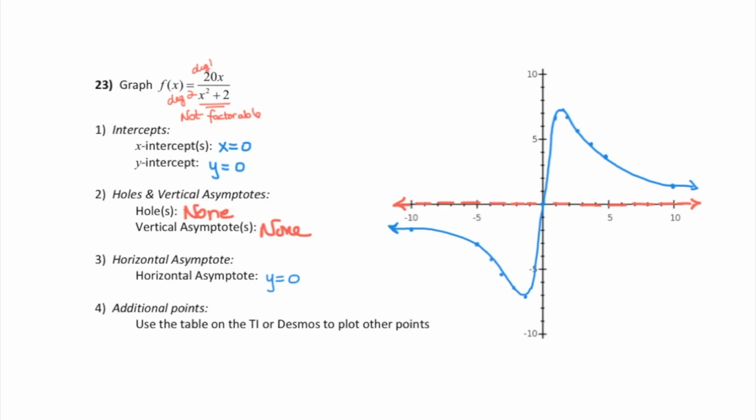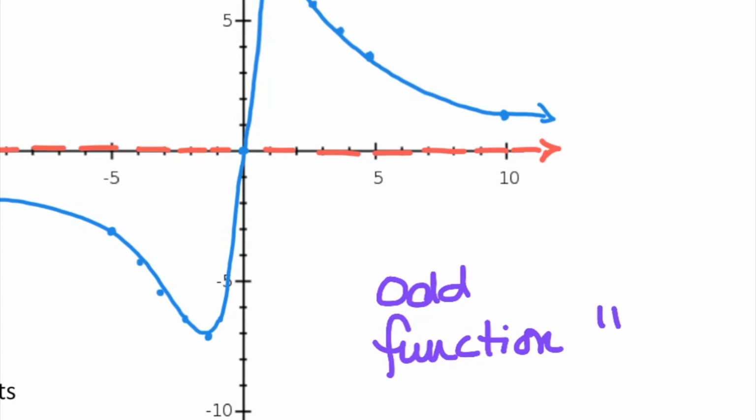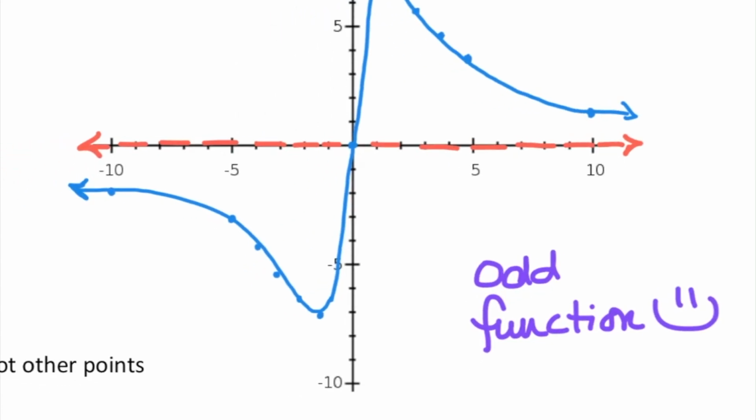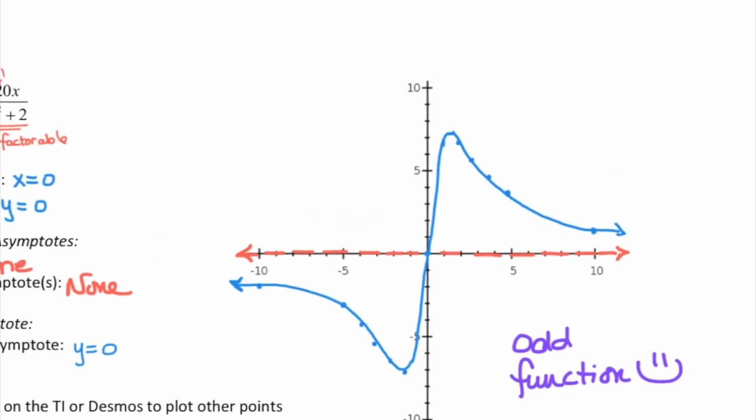And just because you wanted to know, I'm going to give you this little extra piece of advice that has nothing to do with anything other than you recognize this as an odd function, because it has point symmetry about the origin of 180 degrees.